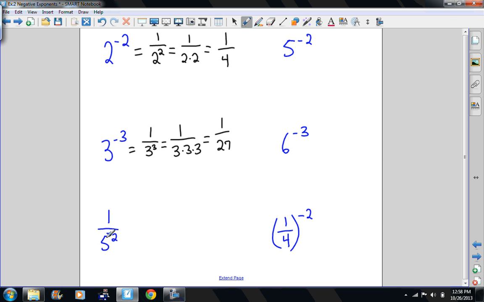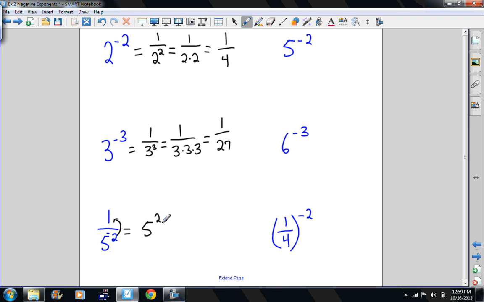Now, this is a little hard to see, but it's 1 over 5 to the negative 2. And when you have a negative exponent in the bottom of a fraction, that would actually then revert back up. That would happen because you're going 1 over 1 over 5 squared, which looks a little confusing to see, but the truth is, it's like doing a fraction twice, it would revert back to its original self.